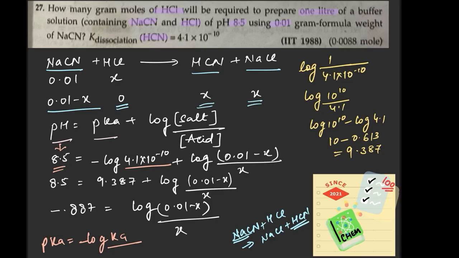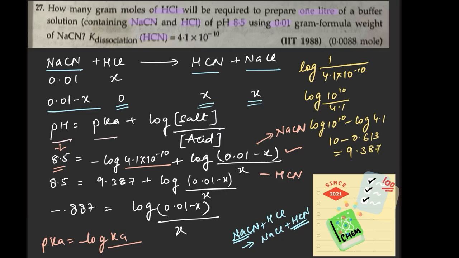So minus log 4.1 × 10^-10, plus log of salt concentration, 0.01 minus X, this is the concentration of NaCN, divided by concentration of acid, that is HCN.